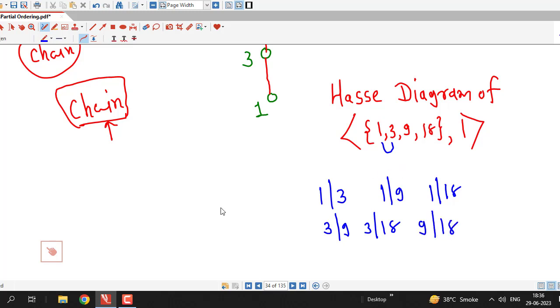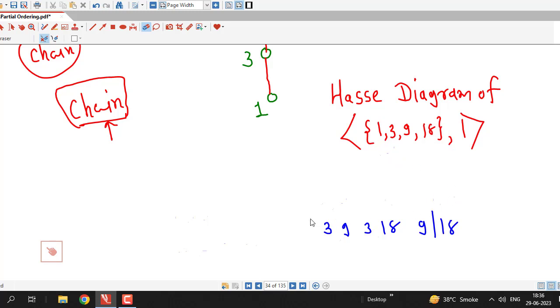So this happens for any two elements. If we take any two elements, say x and y in a given set, then either x divides y or y divides x. Therefore by definition also we can say that this set is a totally ordered set.